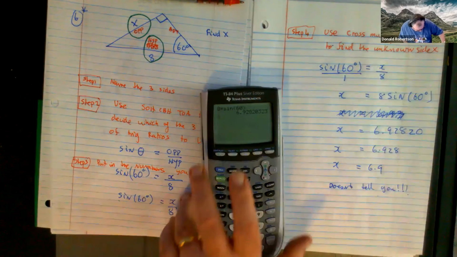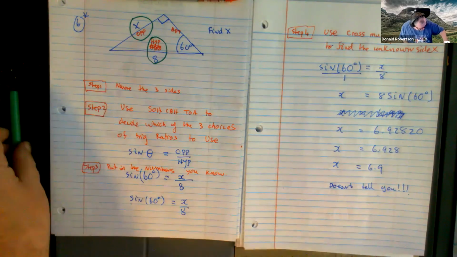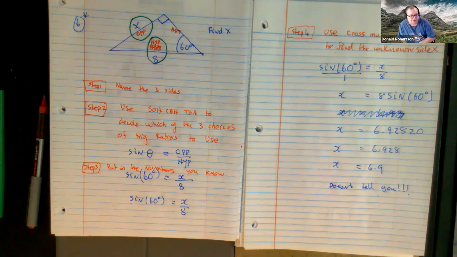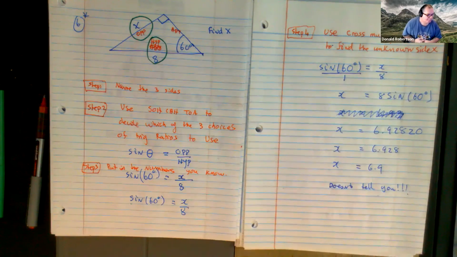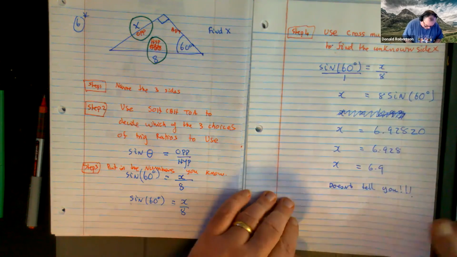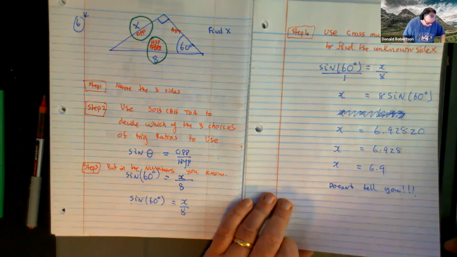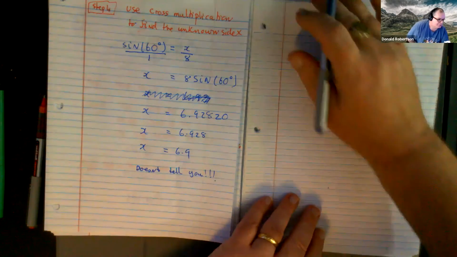And when that happens, it's because you are being asked to find the missing X as an exact value. And you're going to say, but I don't know the exact value of sine of 60 degrees, for instance. And that's where a little table that I'm about to give you is going to be used.